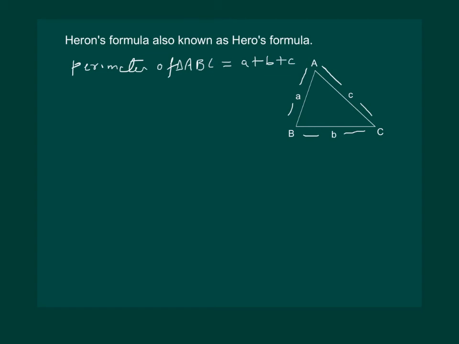So we calculate s, which is called semi-perimeter, which is equal to a plus b plus c whole divided by 2. In other words, semi-perimeter is half of perimeter.